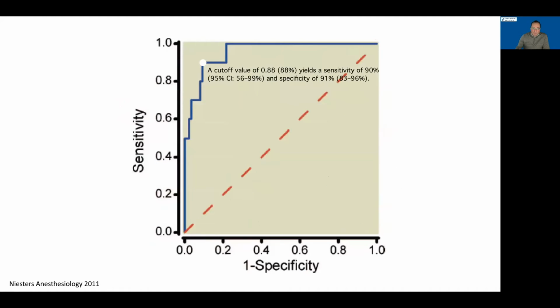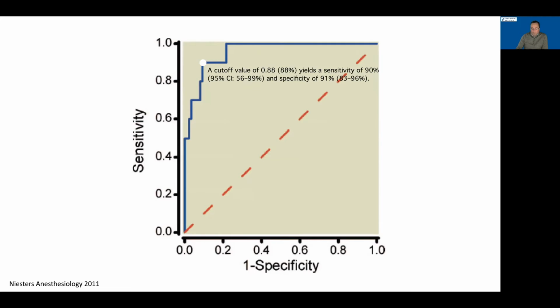Now, about the diagnosis, you see a receiver operating characteristic curve, an ROC, and you can see that we determined the ROC for offset analgesia in the diagnosis of neuropathic pain, and we observed that the cutoff value of 88% yields a sensitivity of 90% and specificity of 91% in the diagnosis of neuropathic pain, meaning that the decrease of your Z-score by 88% after the reduction in the 1 degree Celsius increased pain temperature paradigm determines whether or not you have a diagnosis with such sensitivity and specificity.